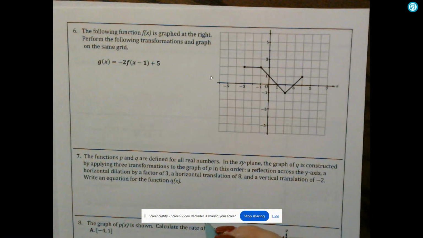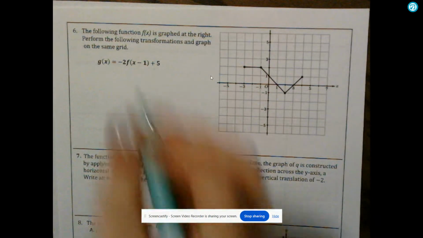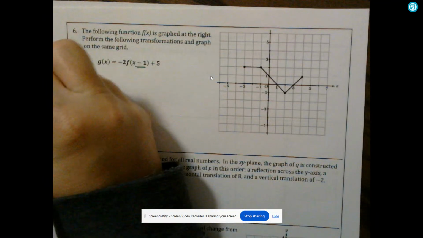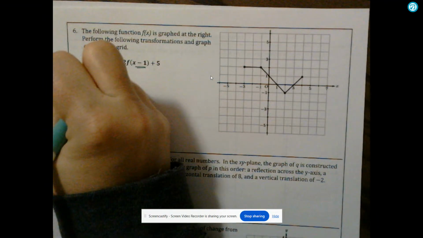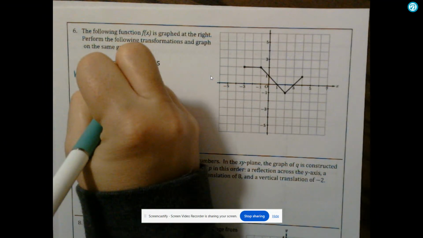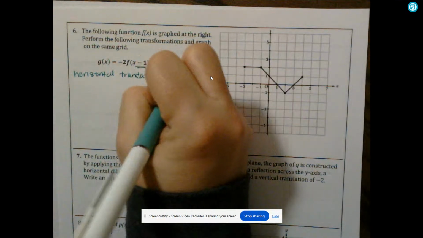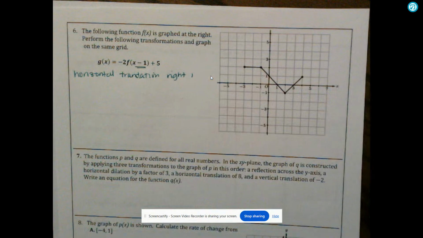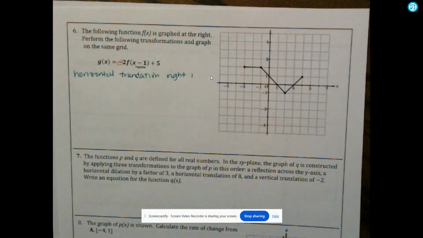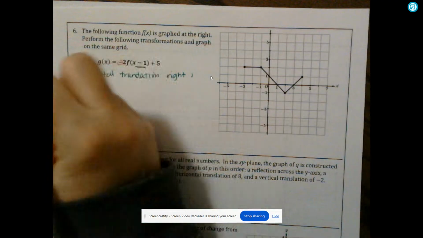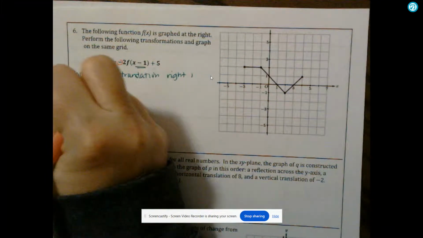First thing I'm going to notice is that we are inside right here, so that is going to be a horizontal translation right 1. I'm going to reflect over the x-axis.